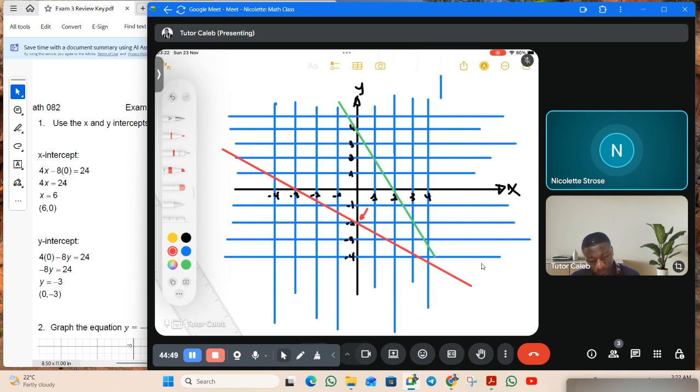And for the second one, I would say it's negative 3 and 0. Correct. What about the second line? I would say it's 2 and 0. Okay. And for the other one, I would say it's 0 and 4.